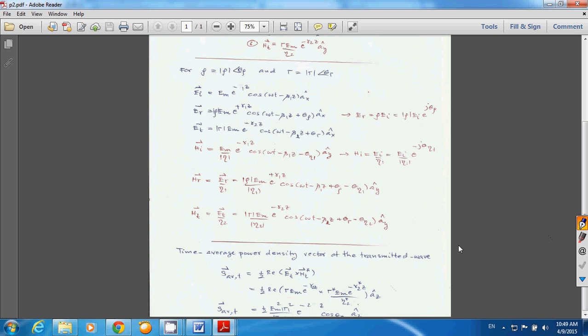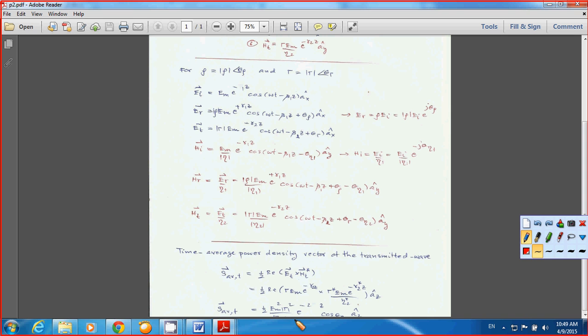and then you end up with the time average power density equal to 1 over 2 EM squared, and then the magnitude of the transmission coefficient squared over the magnitude of eta 2. I'm missing something here. Negative 2 alpha 2 z, right?